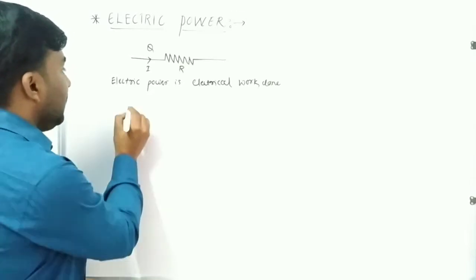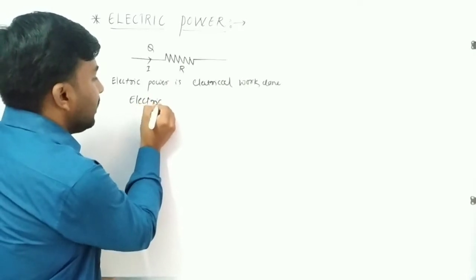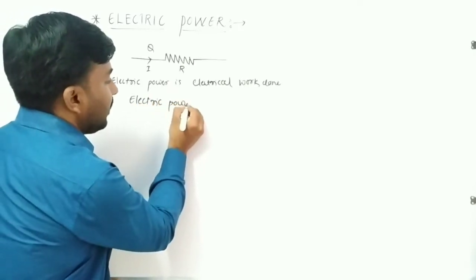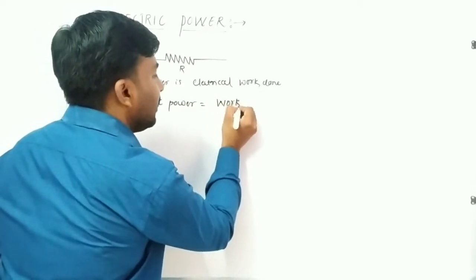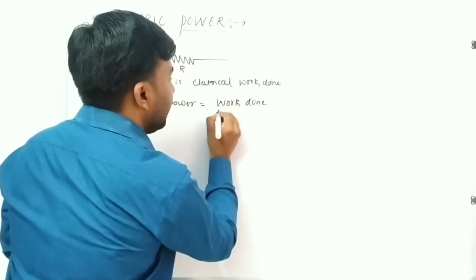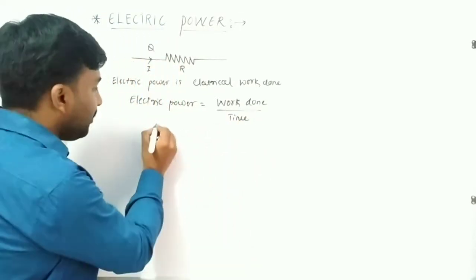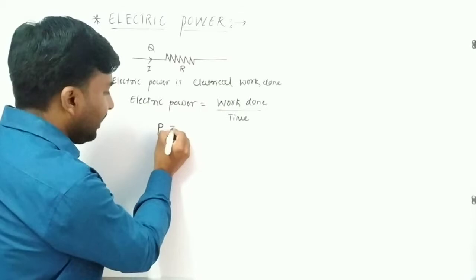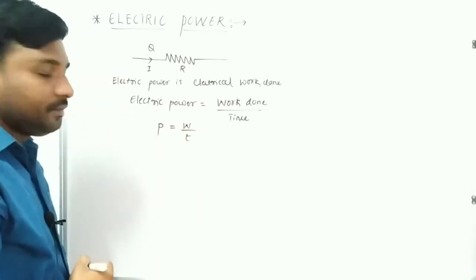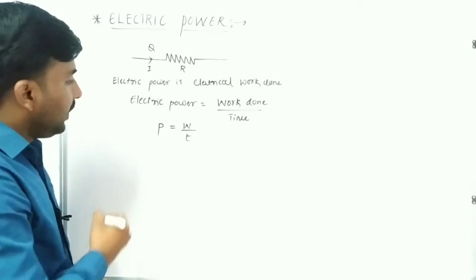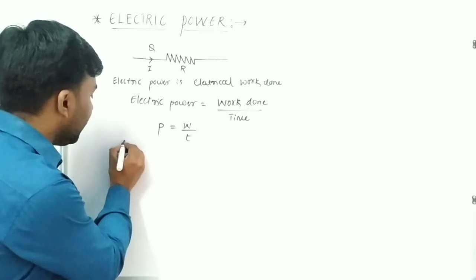Now this electric power, that is work done divided by time. Symbolically I can write P is equal to W divided by T. Now the unit for the power, the electric power, is watt.